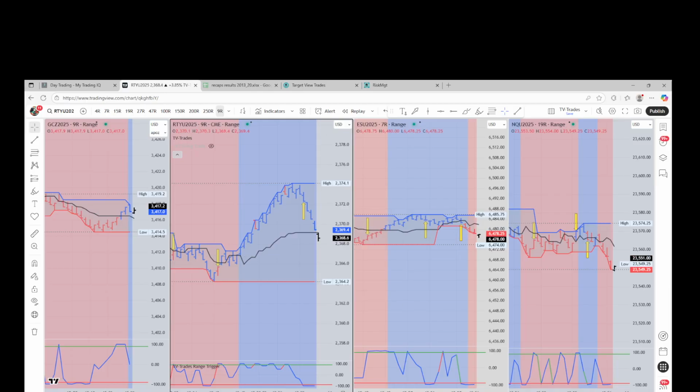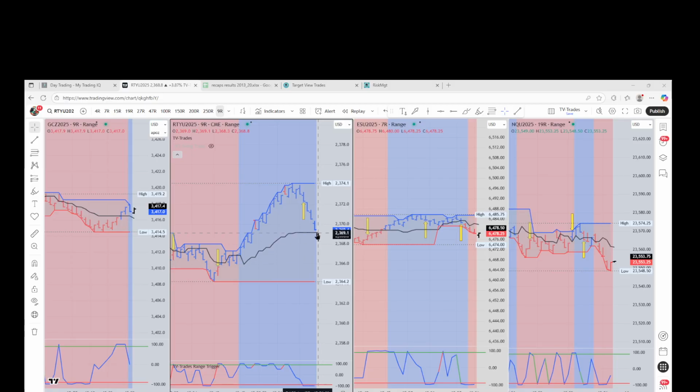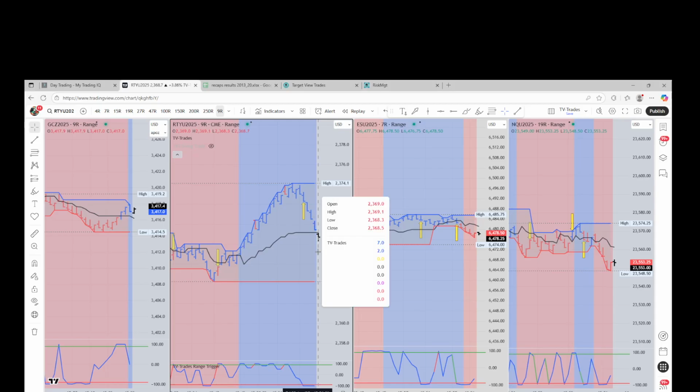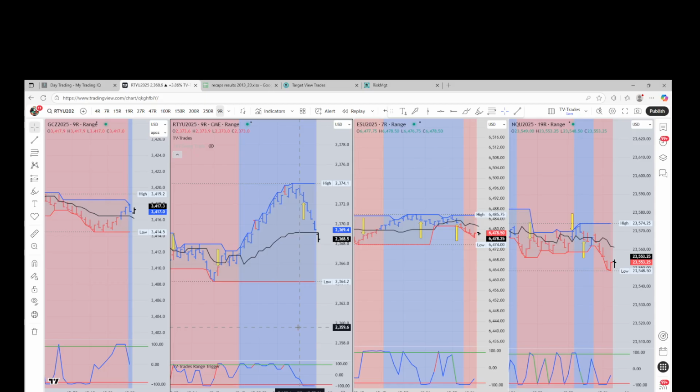It's got a low here 68.3, so it'd have a high 69.3. You'd be buying 69.3. The midpoint is at 69.2, so if it goes down one more tick, you wouldn't want to do this on the Russell. I don't really want to do it anyway, because all the indices are going down right here.